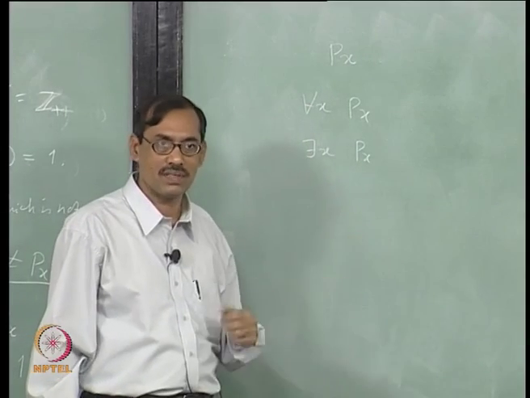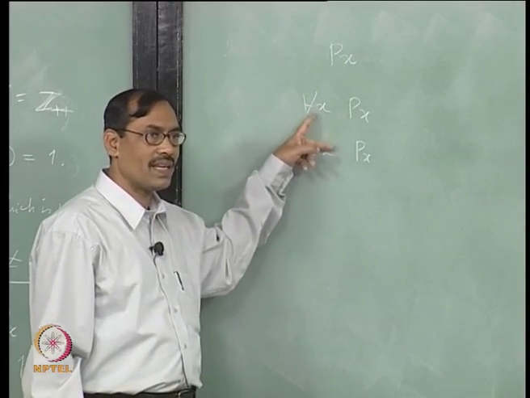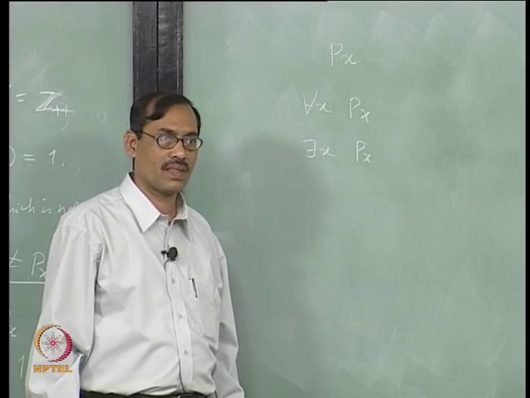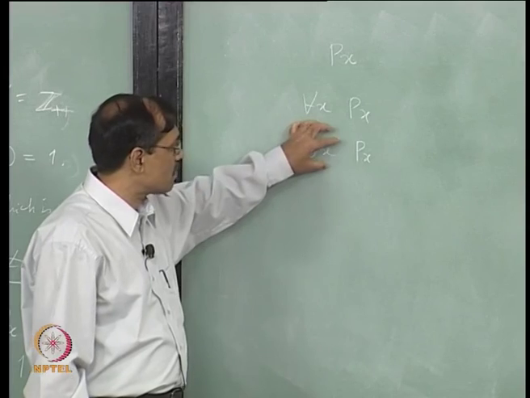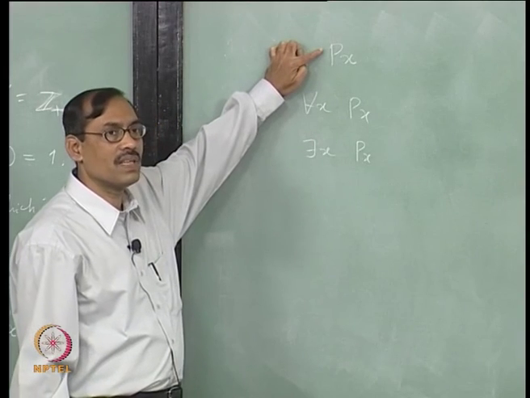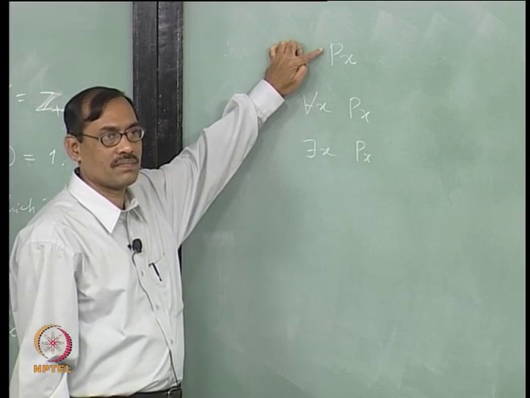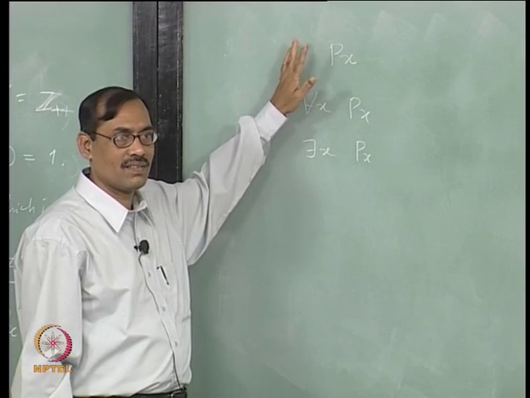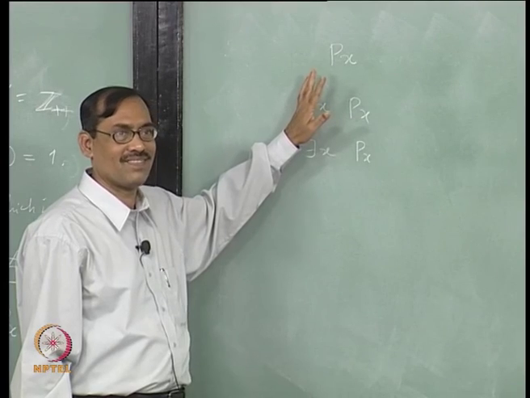So, I do not know the truth of it, but these two I can interpret, I know whether they are true or false in any domain given. Now, from the truth of this, can I conclude something about the truth of P x? Well, up to some extent we can conclude. This is what we will discuss next time.